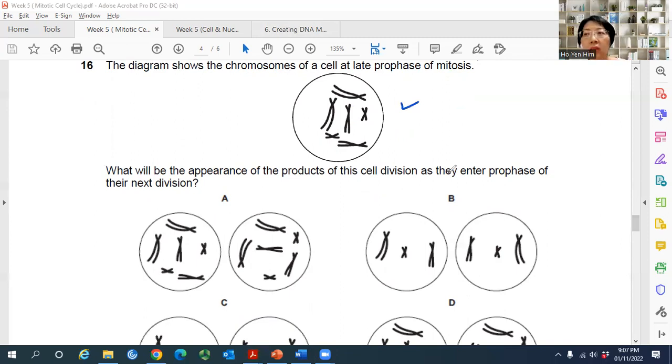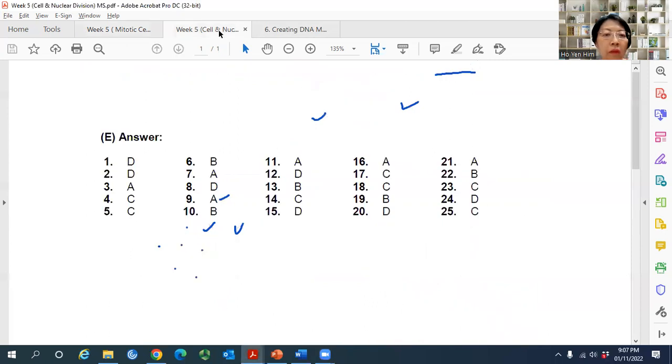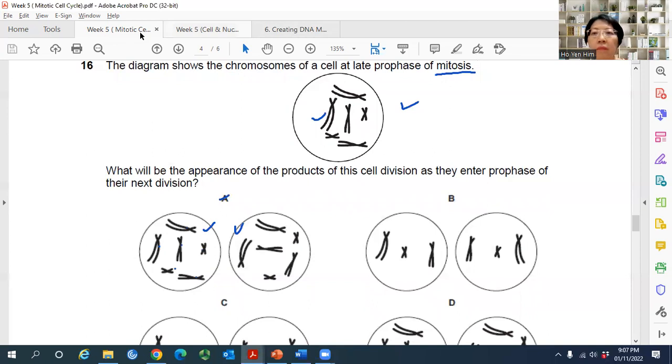So the daughter cell will have same number and same type chromosome as parent cell after mitosis. So therefore, it looks like this, 1, 2, 3, 4, 5, 6. It looks like this one contains these 2 cells similar to this cell during prophase. Okay, so for question 16, answer is A. Right? Any more question?